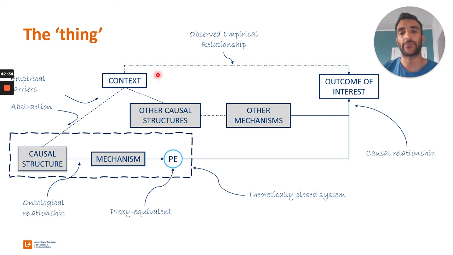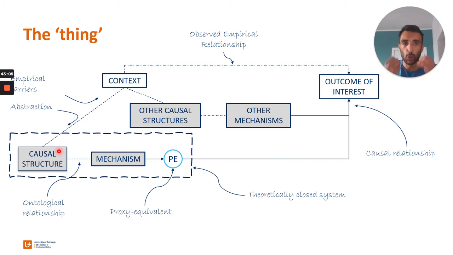So then we have a context, and within that context, which we observe, so it's in the domain of the empirical, we've observed this context. I've called these empirical carriers. So this context consists of empirical carriers of causal structures. Through abstraction, we can understand what these causal structures are within the context.